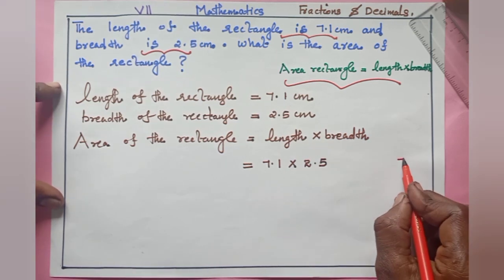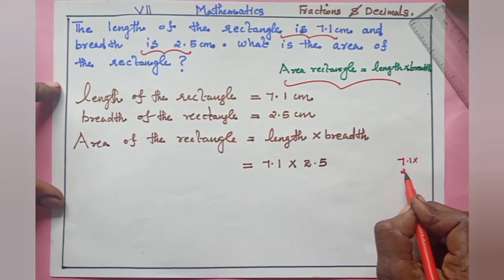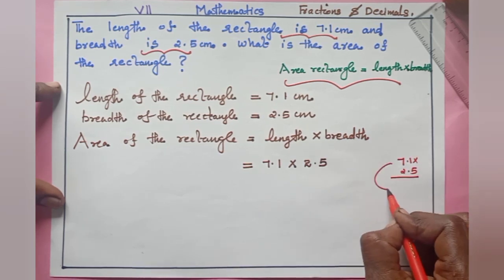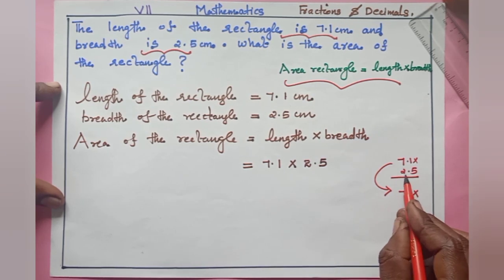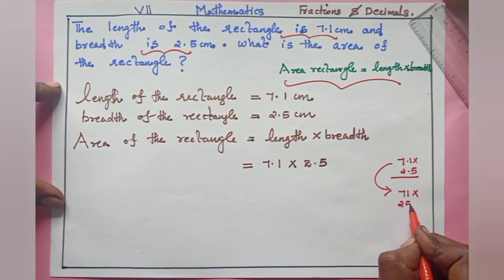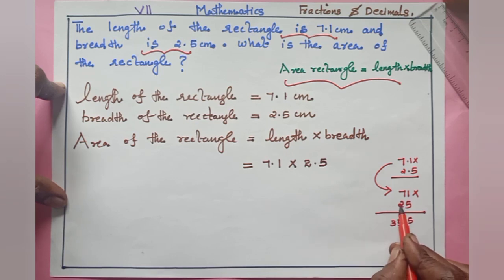Take the product of 7.1 into 2.5. So first change them into whole numbers: 71 into 25. Then multiply: 1 into 5, 5, 7 into 5, 35. Then 2, 1 into 2, 2 into 7, 14. 5, 7, 7, 1. Okay.